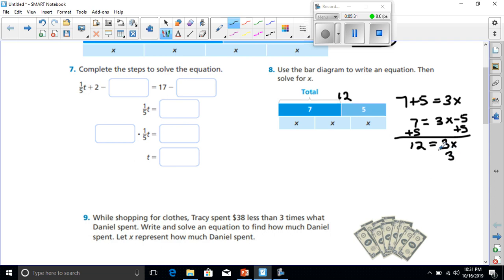To do it the proper way, we divide 3 away, which leaves x by itself. But whatever I divide from one side, I have to divide from the other. And 12 divided by 3, as you might have guessed already, is 4. That means my answer is x equals 4.